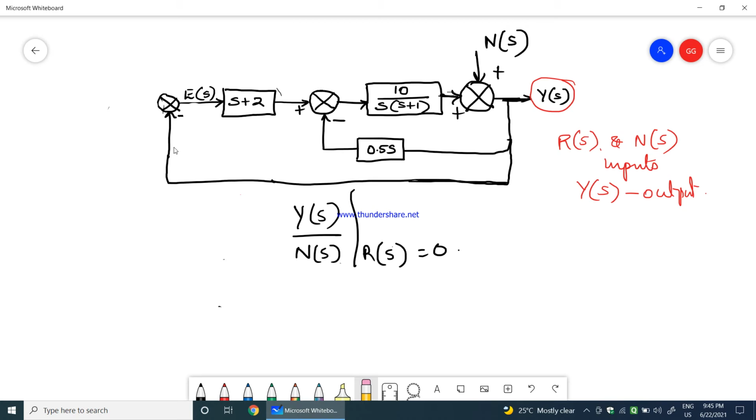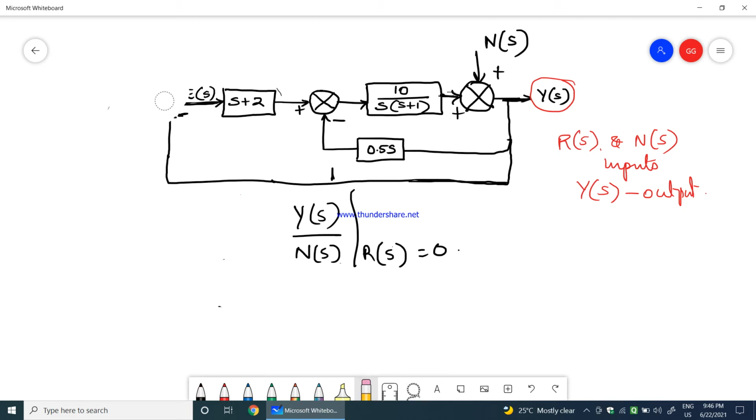Now this would be the block which you can see here. Now when you carefully see, this is a unity feedback, this is actually 1. Okay, so this 1 multiplied by minus 1 is coming here, we don't have anything here, therefore minus 1 multiplied by s plus 2 would be minus of s plus 2.